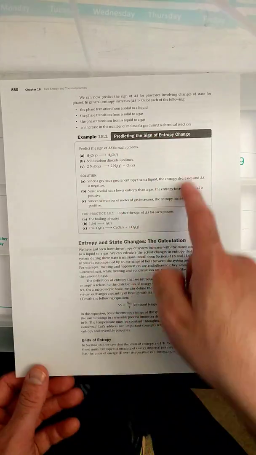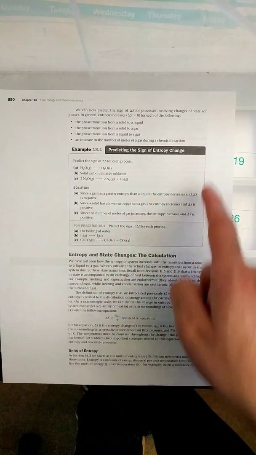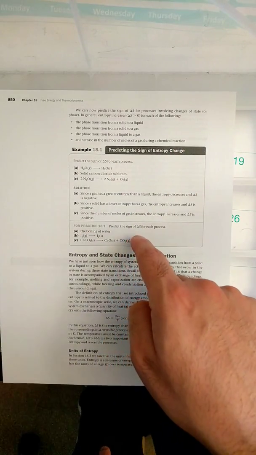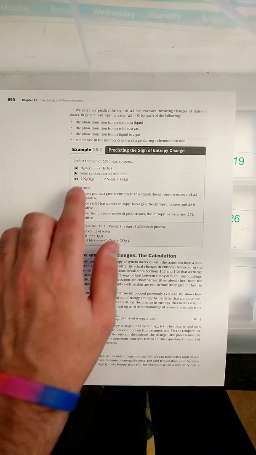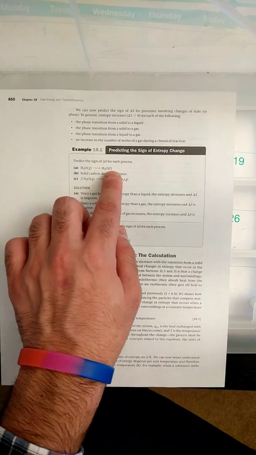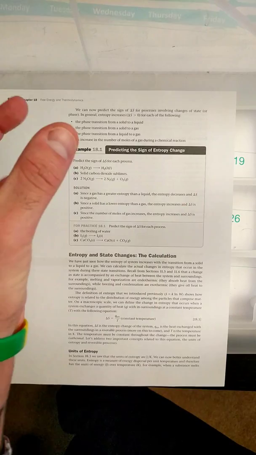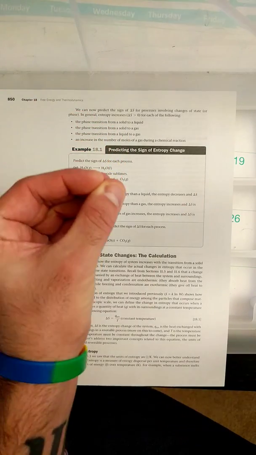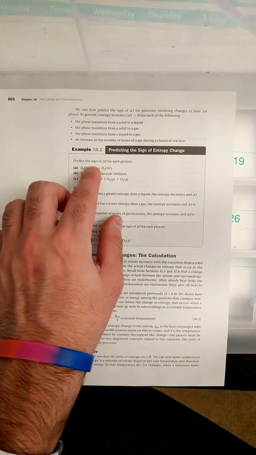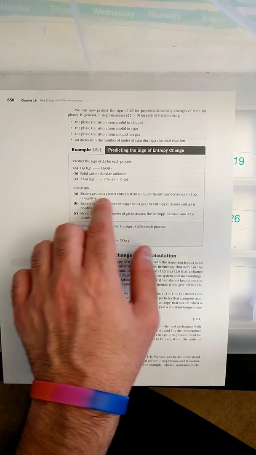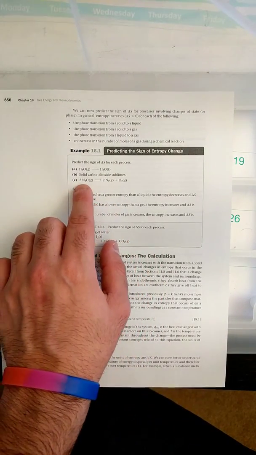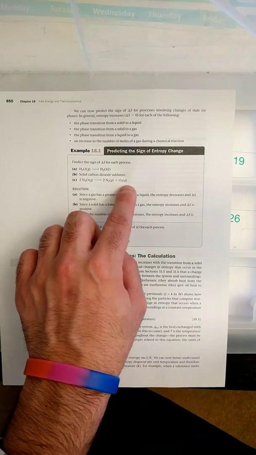And then make sure you know how to predict the sign of entropy. I would do these practice examples here, predicting the sign. So for example, going from H2O gas to H2O liquid, the particles going from a gas to a liquid are coming closer together. They're becoming more organized. That is decreasing in entropy. So this would be negative, and that's what it says. Delta S would be negative. 2N2O gas to 2N2 gas plus O2 gas.